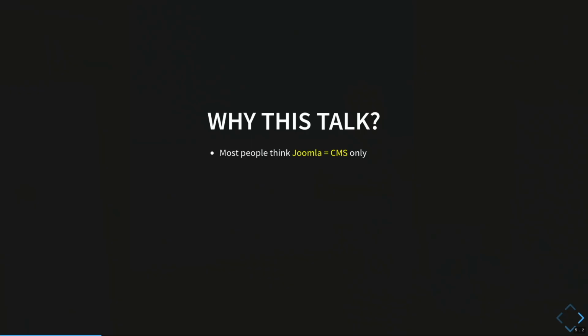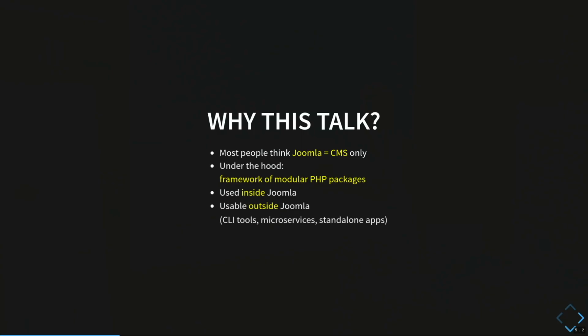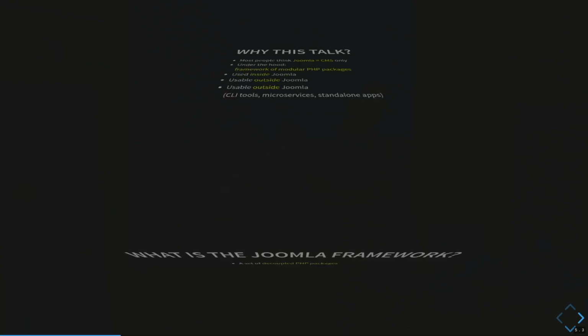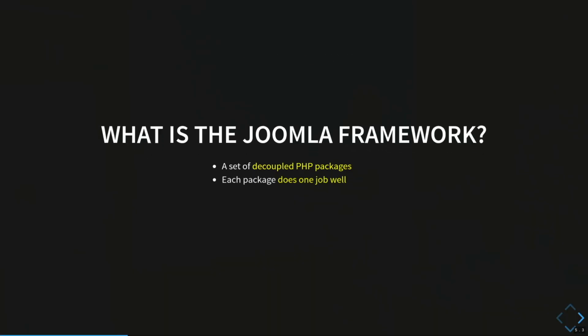So I dug into the issue, and under the hood Joomla uses a lot of PHP packages, and they are used inside Joomla itself, and you can find them. You can also use them outside. They are just decoupled packages, standalone stuff that you can also use in your own projects.